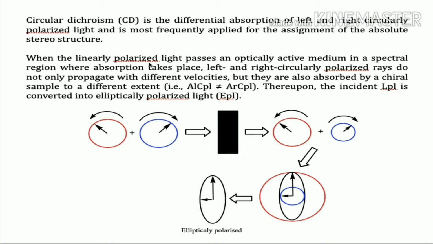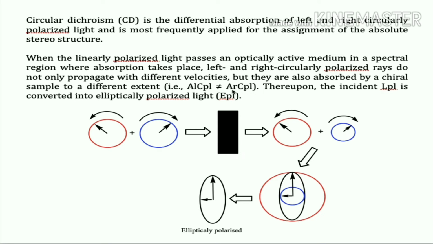When linearly polarized light passes through an optically active medium in a spectral region where absorption takes place, left and right circularly polarized rays do not only propagate with different velocities, but they are also absorbed by the chiral sample to a different extent. That is, absorption of left circularly polarized light is not equal to absorption of right circularly polarized light.